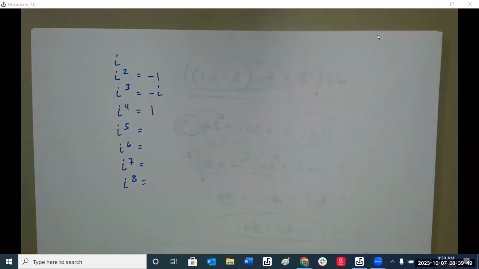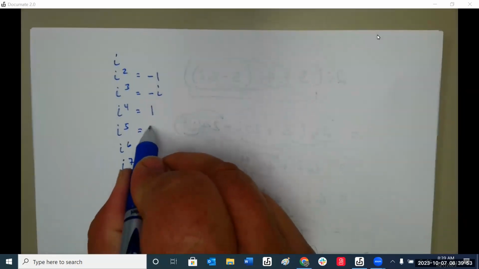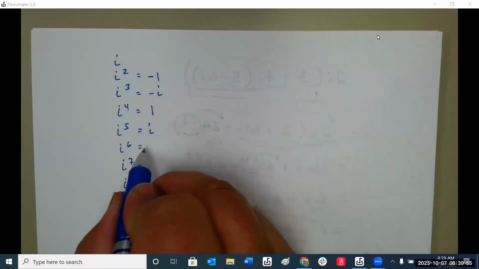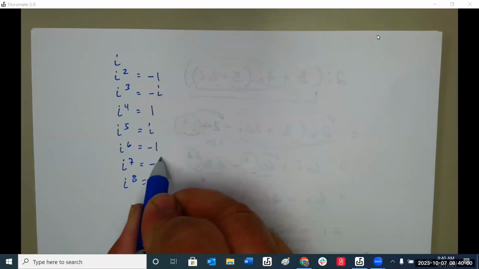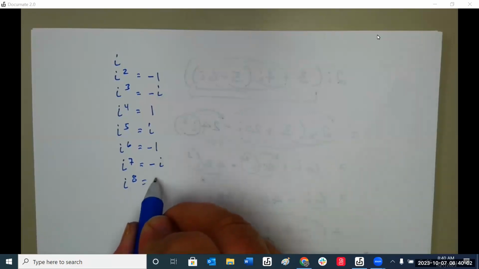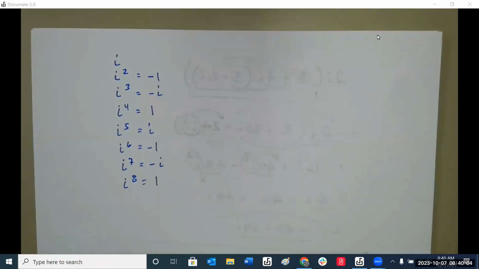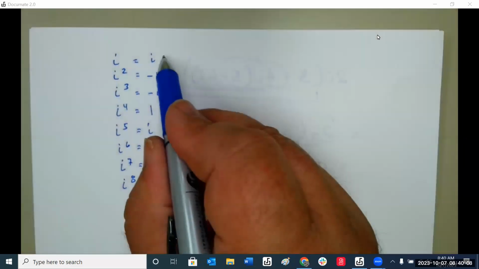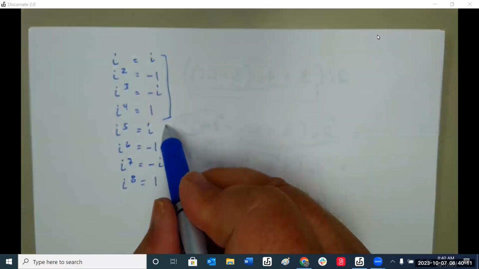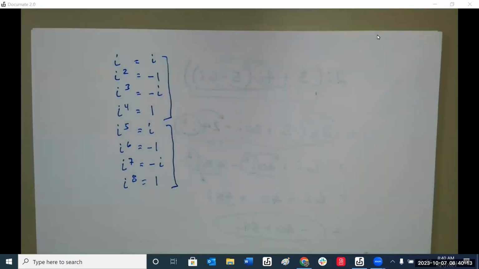And then i to the fourth was +1. i to the fifth was i. i to the sixth was -1. And i to the seventh is -i. So if you look at these, they repeat in groups of 4.